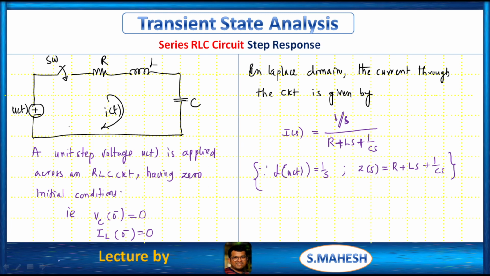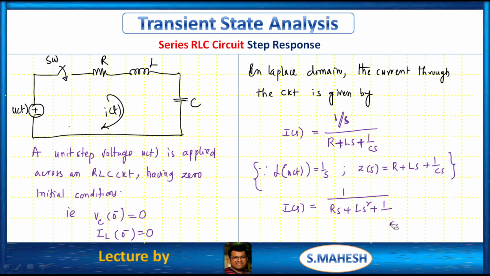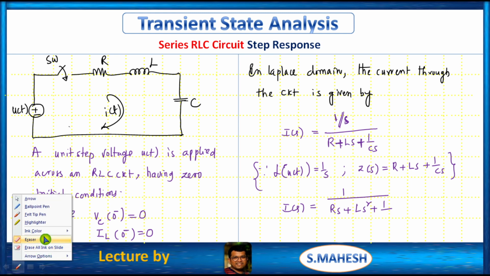So from this I of s should be equal to, we can write 1 by s into Rs plus Ls square plus 1 by C, right?